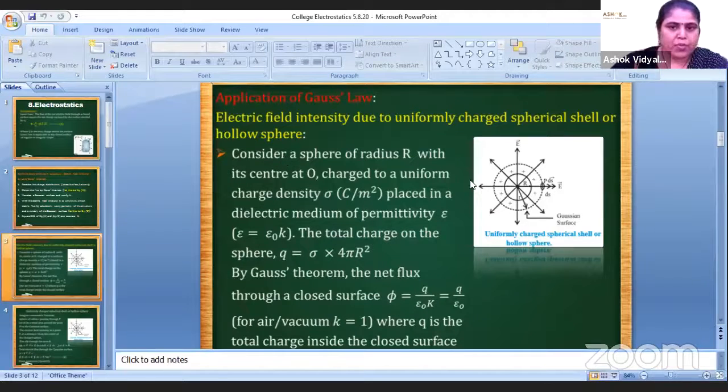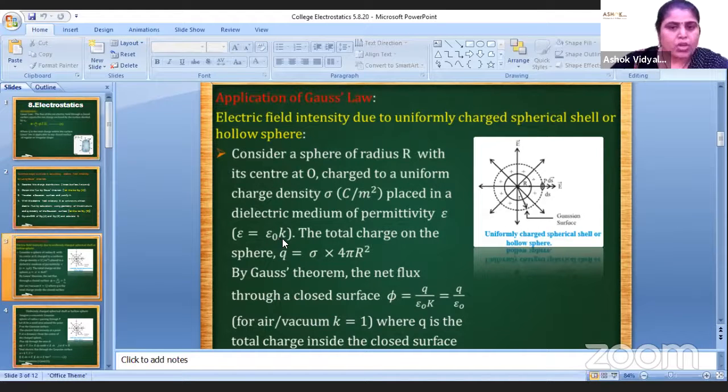Consider a sphere of radius r with its center O charged to a uniform charge density. We know that this charge density sigma is equal to charge per area. Therefore, the units are coulomb per meter square. This is placed in a dielectric medium of permittivity epsilon. Therefore, we know that with the help of the dielectric constant, we have the equation epsilon is equal to epsilon naught into k.